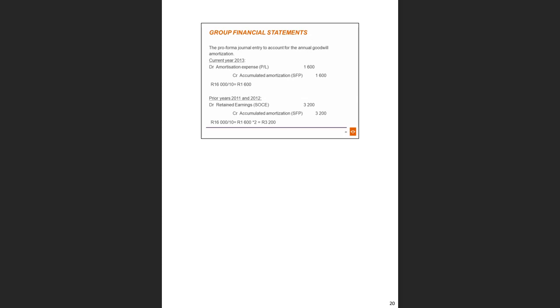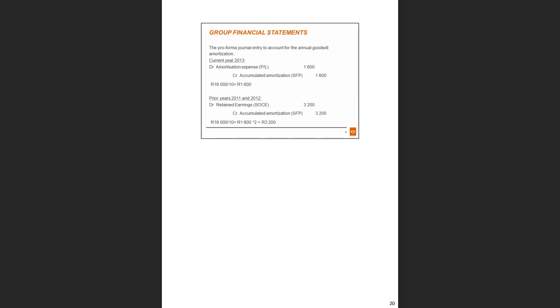Now remember, when we prepare the group financial statements, we need to process all these journal entries from scratch, basically. So when we're preparing the financial statements on the 31st of December 2013, we also need to process the pro forma journal entry to account for the amortization of goodwill for the 2011 and 2012 years.